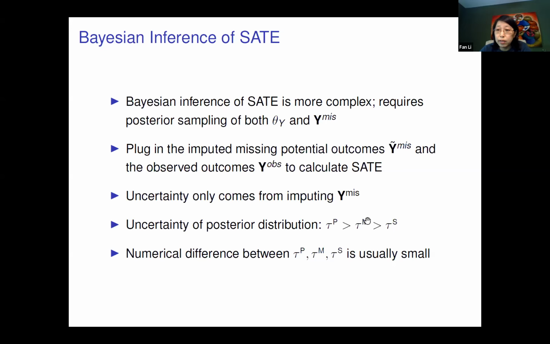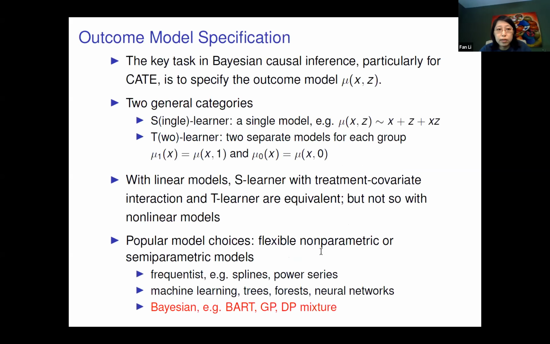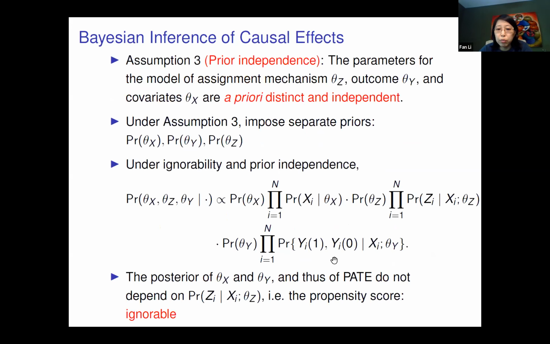So the MATE is in between. But my own experience is the numerical difference between all three is usually pretty small. So that's why I think people get away and are pretty happy with just calculating the MATE in most practice. So now that gives you an overview of what kind of model you need to build.